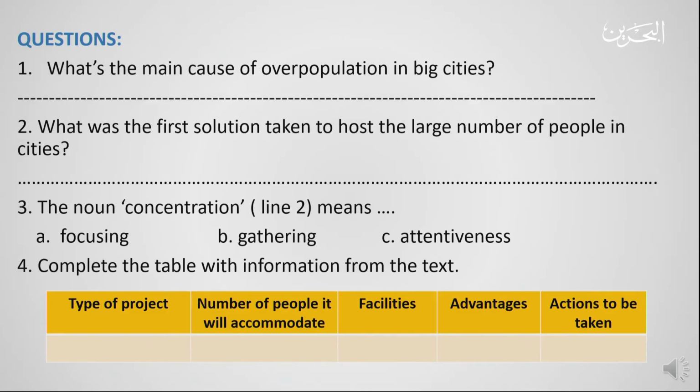Complete the table with information from the text: type of project, number of people it will accommodate, facilities, advantages, actions to be taken. I'll give you 2 minutes to find the answers.